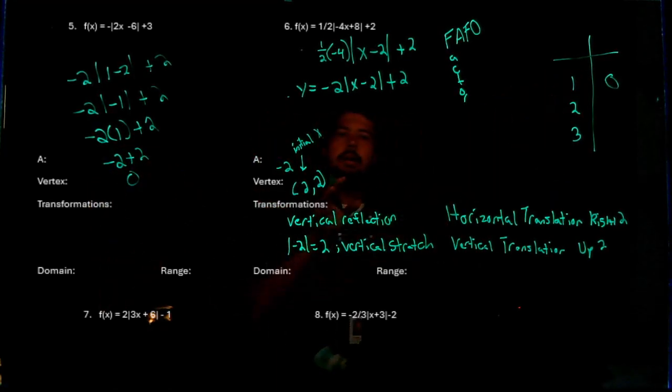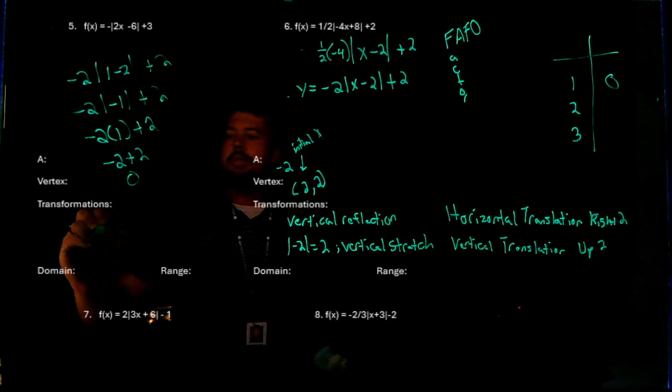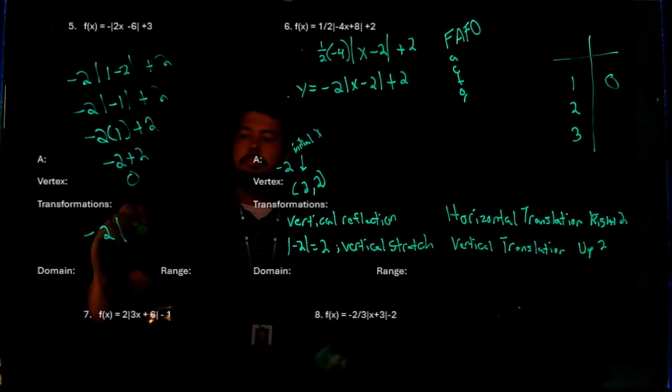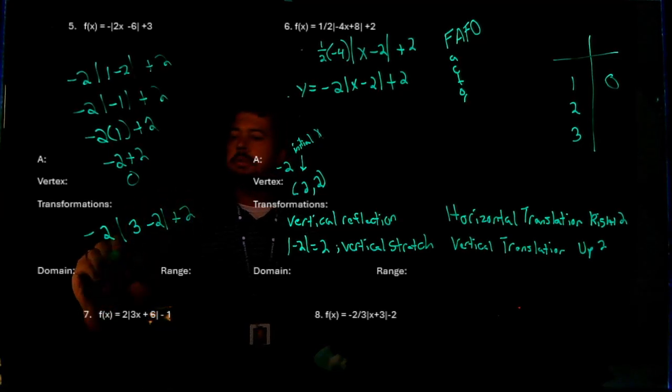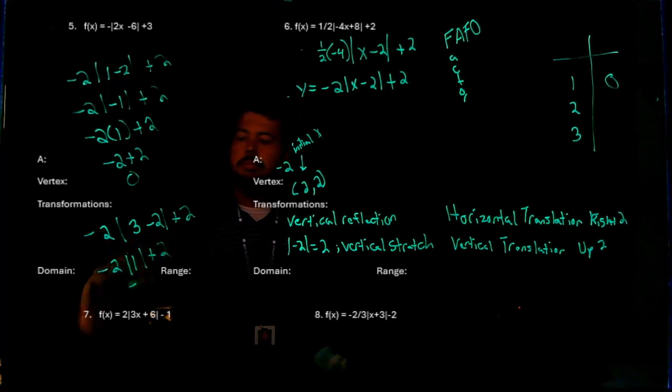Now, I bet you, if I plug in a 3, I'll get a 0 back, because these things have what we call symmetry. So let's see what happens if we plug in a 3. This becomes x minus 2, so 3 minus 2, and then plus a 2. We'll have negative 2 times the absolute value of 1 plus 2, and that's going to be negative 2 plus 2, which is 0.